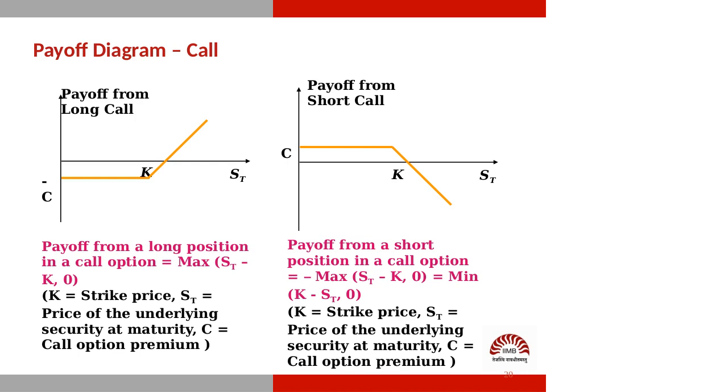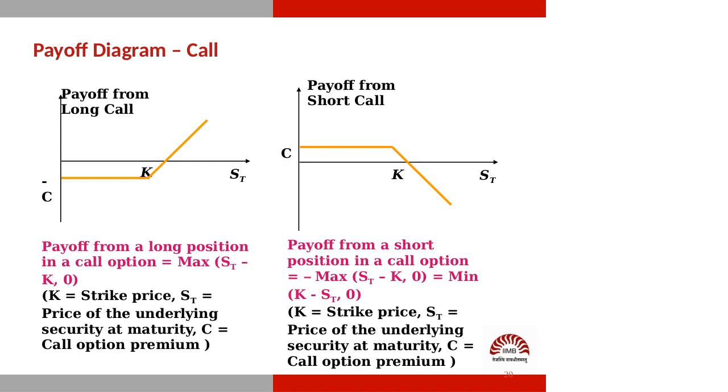I buy the call option. The moment I buy the call option, somebody has to sell the call option to me, right? Like in anything else, if I buy an asset, somebody has to sell an asset to me. So the moment I buy a call option, somebody has to sell the call option to me.